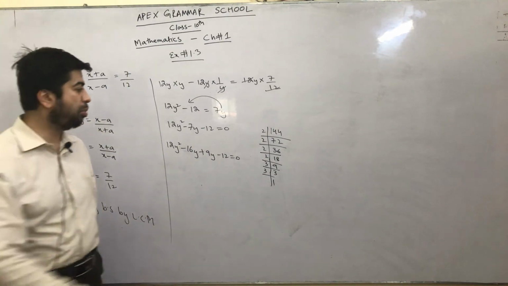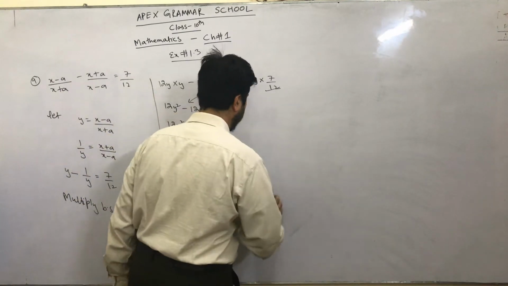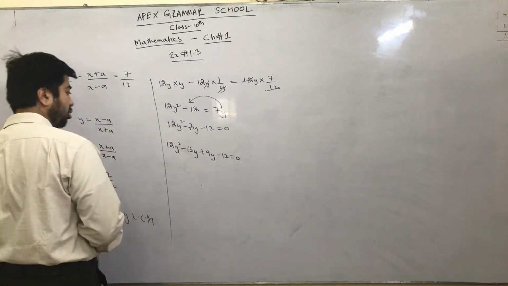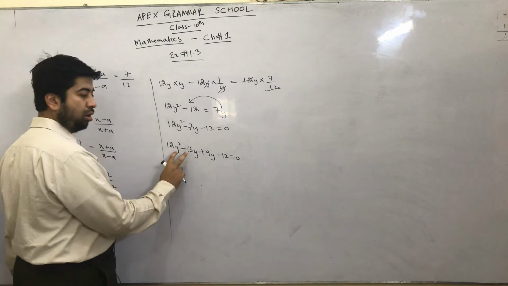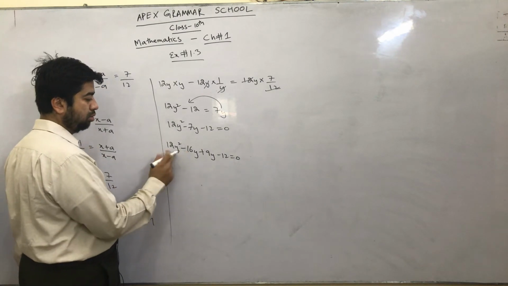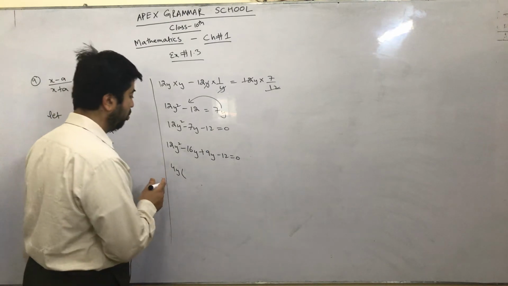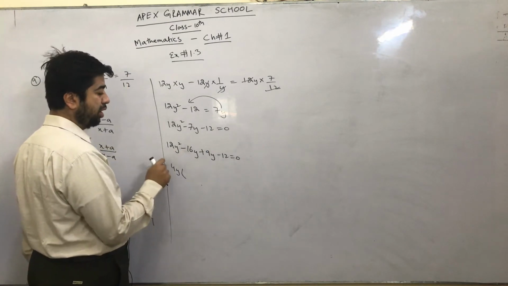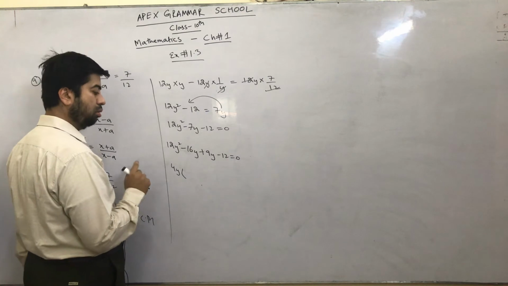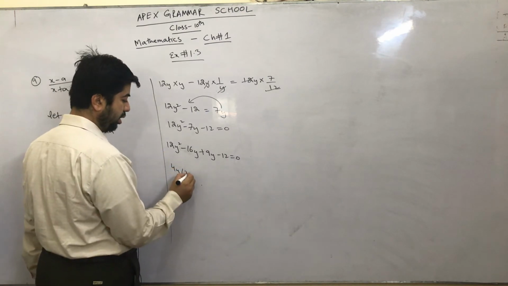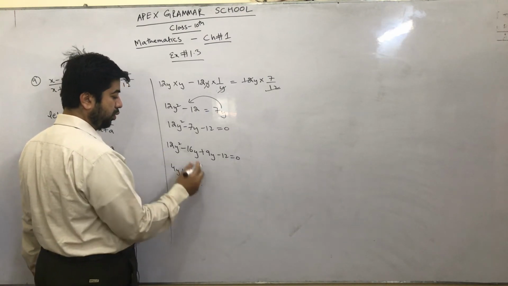So you better know about factorization from 9th class and also from the previous lectures. What will be the common here? You see that 4y is common, because both values can be divided by 4. 4 3s are 12, 3y minus 4 4s are 16.